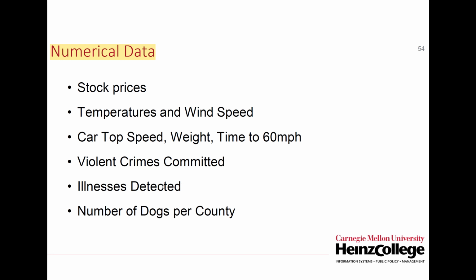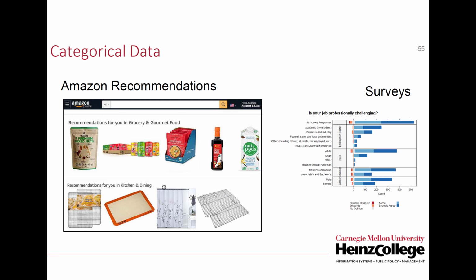Numerical data. With numerical data, you can do simple things like computing means, computing standard deviations, computing trends, assuming that this information is over time. You can compute distributions and put together confidence intervals and all this kind of good stuff.